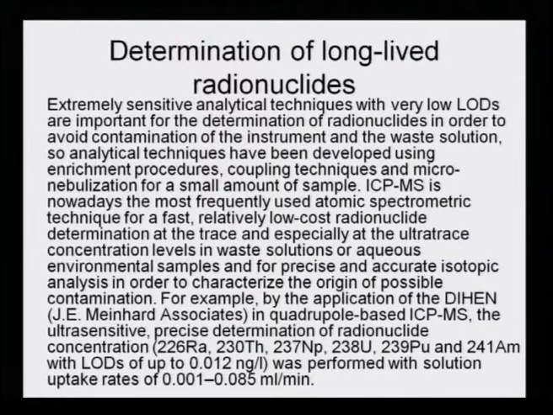The ultra sensitive precise determination of the radionuclide concentration of 226 Ra, 230 Th, 237 Np, 238 U, 239 Pu and 241 Am, with very low limits of detection of almost 0.012 nanogram per liter, was performed with solution uptake rates of 0.001 to 0.085 ml per minute.